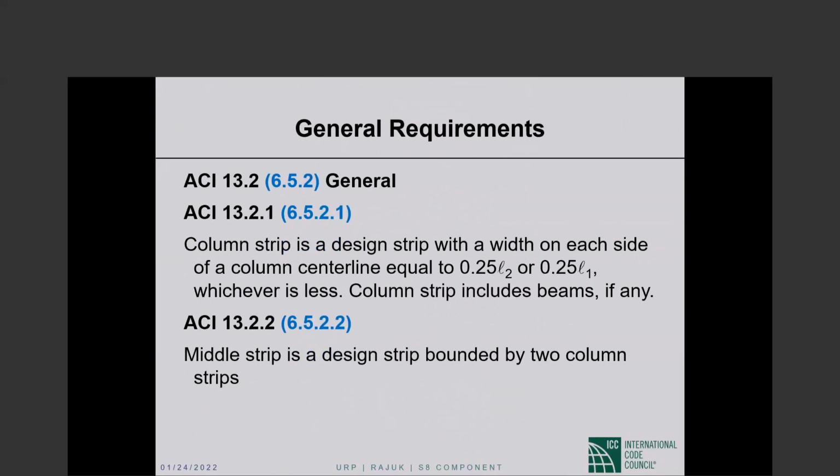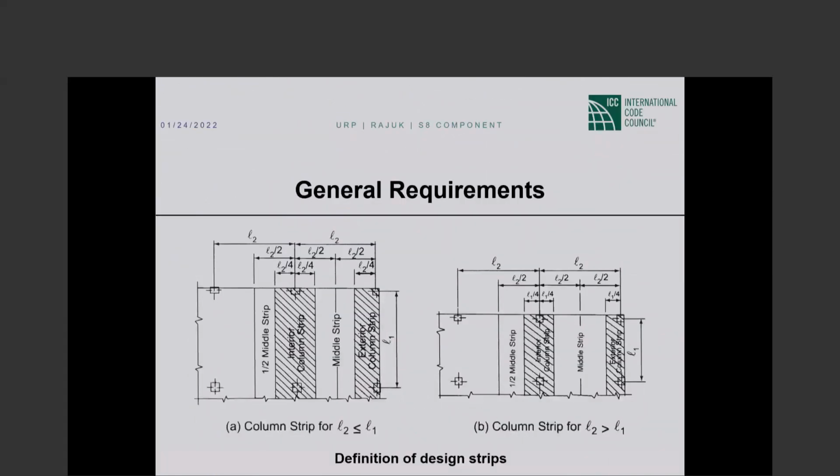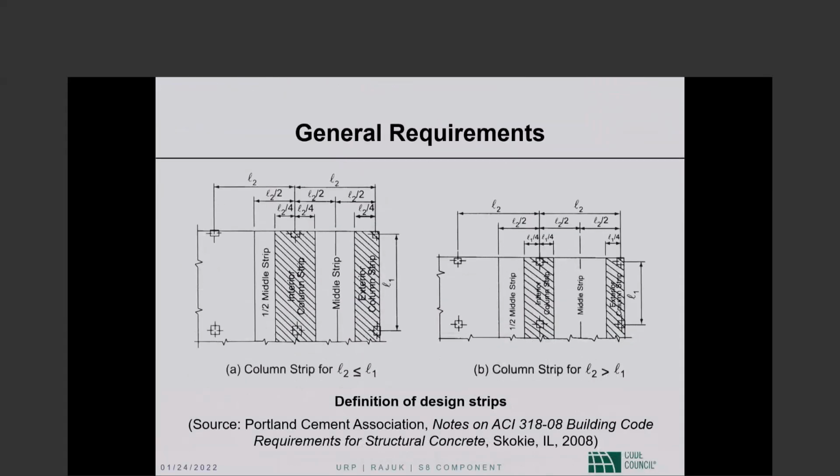Okay. So column strip and middle strip. From here to there is a design strip from panel central line to edge of the panel. And then panel central line to panel central line is another design strip. And then there is another design strip and so forth. L sub 1 always by definition is the span in the direction of analysis.